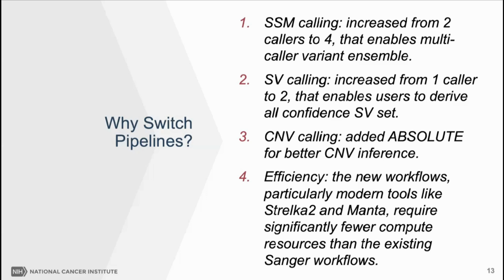By switching to these modern tools like Strelka 2 and Manta, we significantly reduced the compute requirement. And these new workflows are much more resource efficient, which makes it possible for us to process all the GDC data within a reasonable amount of time, something that we have been striving to do for years, and we just couldn't finish all of those with the Sanger pipeline.